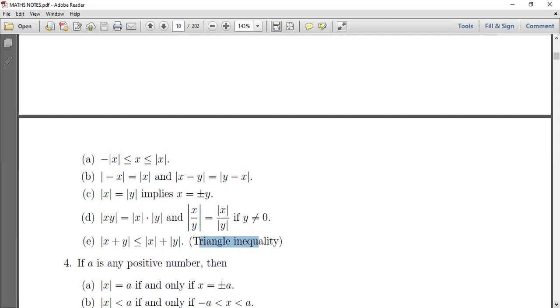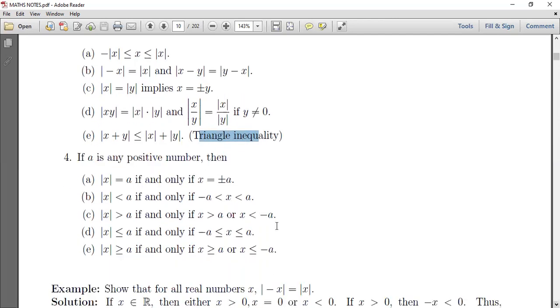For any a being a positive number, absolute of x is equal to a if and only if x is equal to plus or minus a. If absolute of x is less than a, it also means that x is between minus a and positive a.